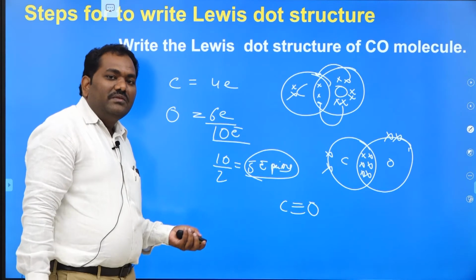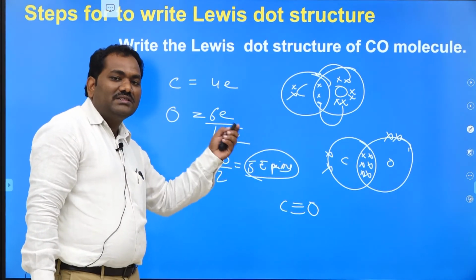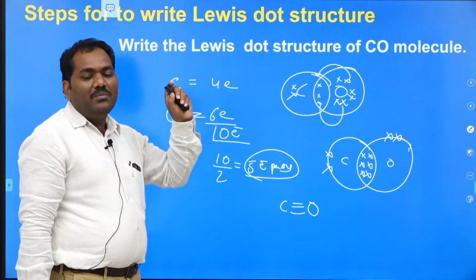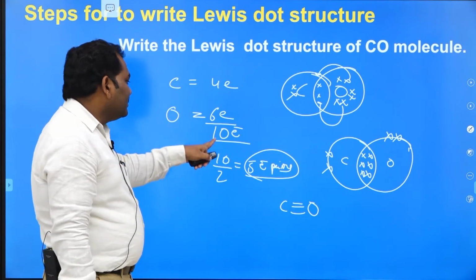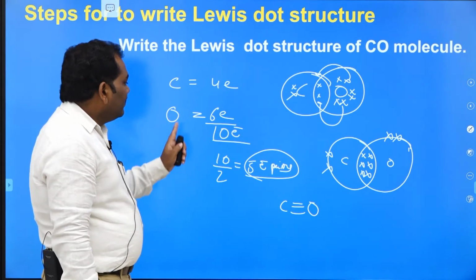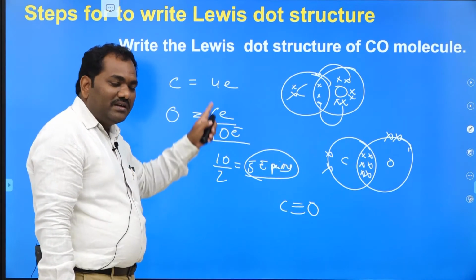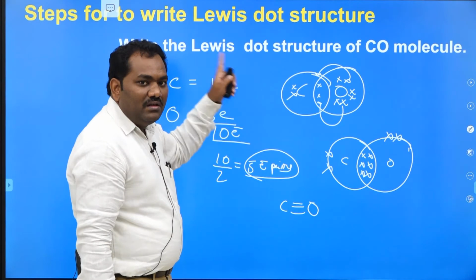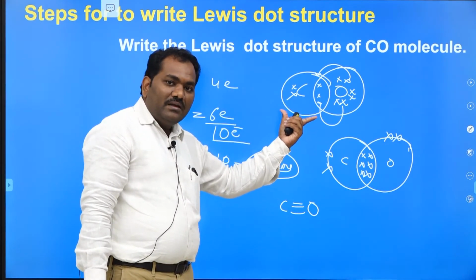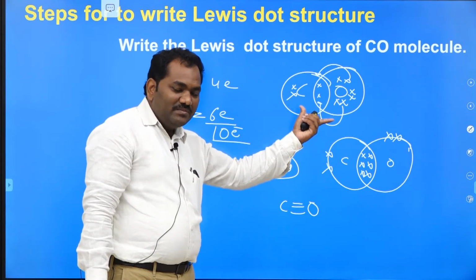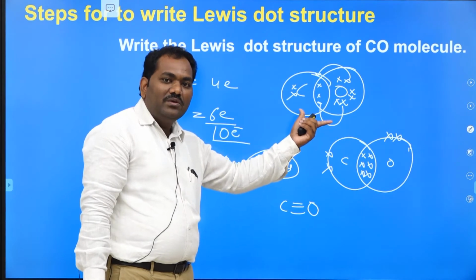Like this, we can write the Lewis dot structures for every molecule by following these steps. Step 1 is to calculate the number of valence electrons and divide by 2 to get the number of electron pairs. Write the skeleton structure of the molecule and distribute the electron pairs to the atoms in the molecule until each one attains the noble gas configuration.